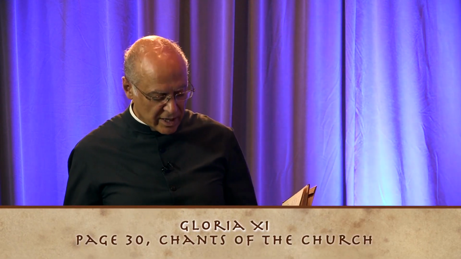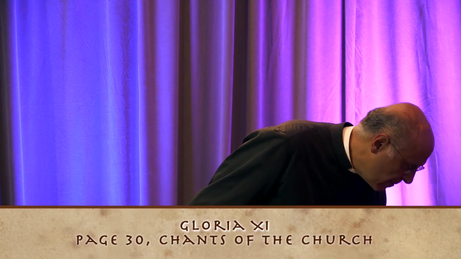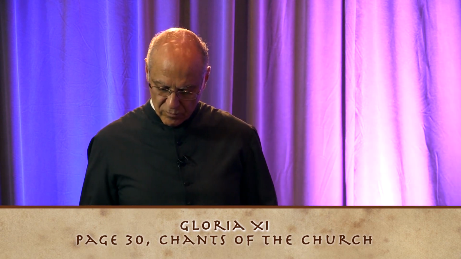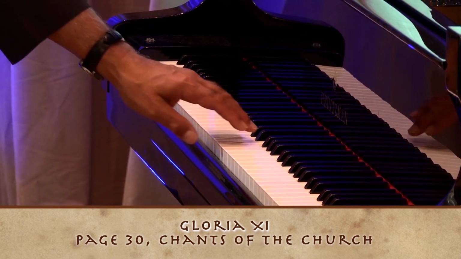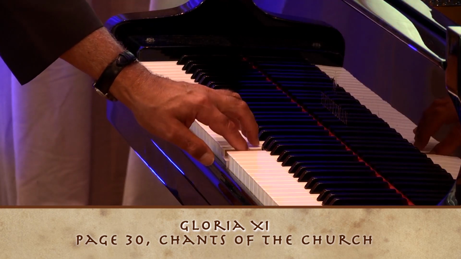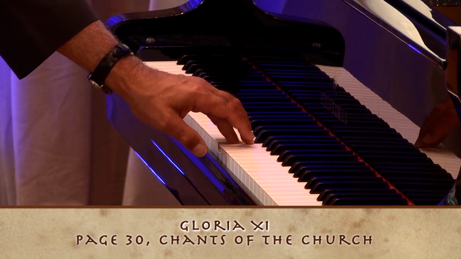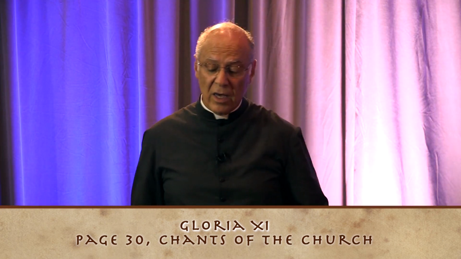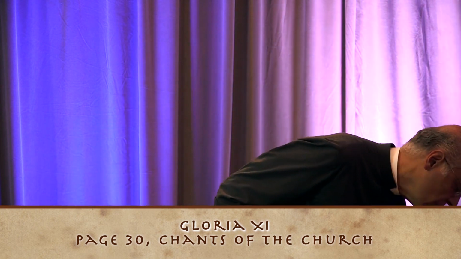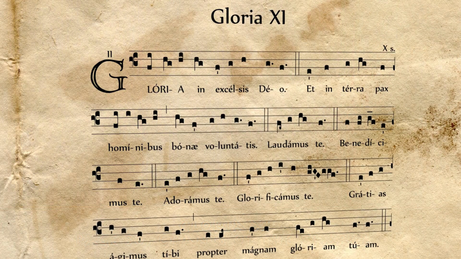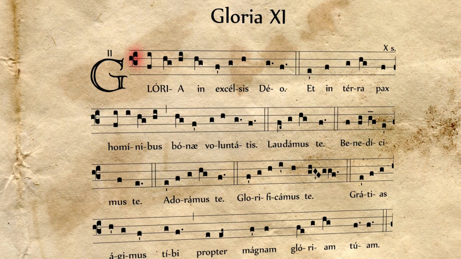If you turn to page 30 and look at the Gloria, this also may be familiar to you. We do sing it here in church. Gloria in excelsis Deo. You'll notice now we have the Fa clef, the F clef.